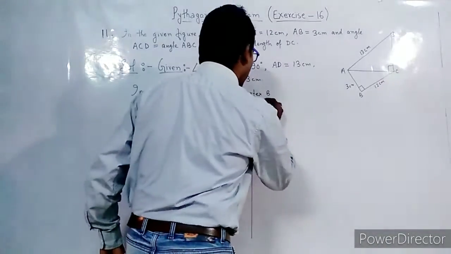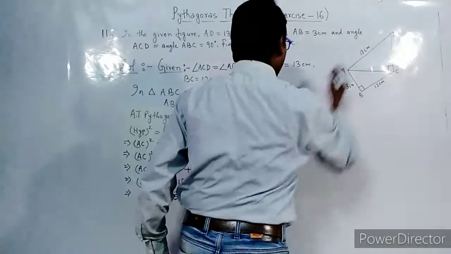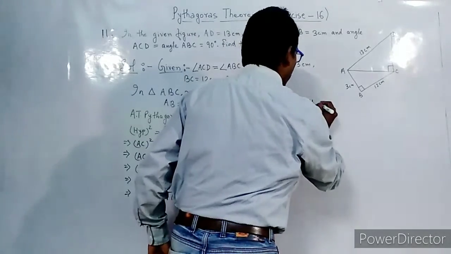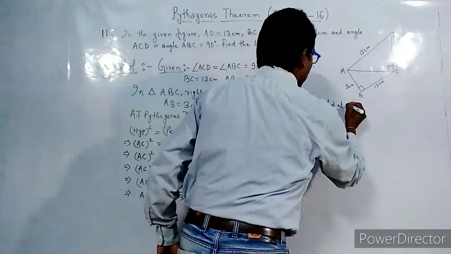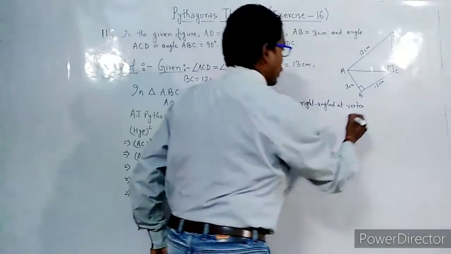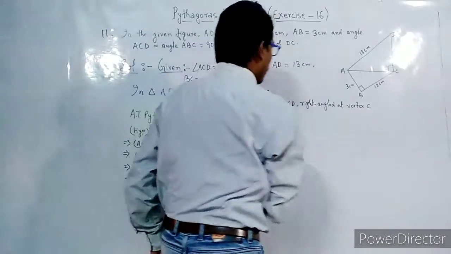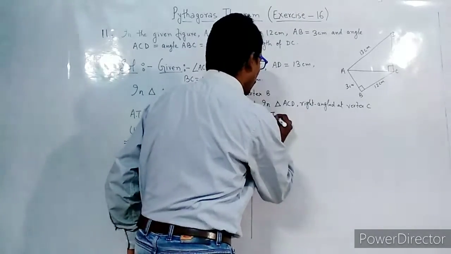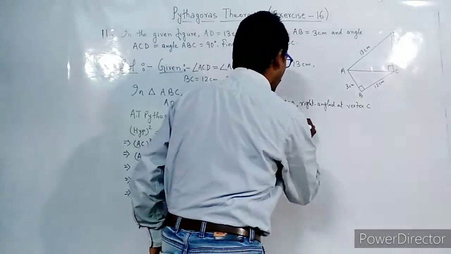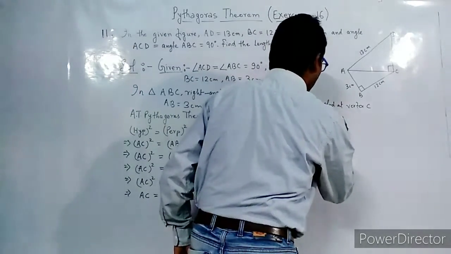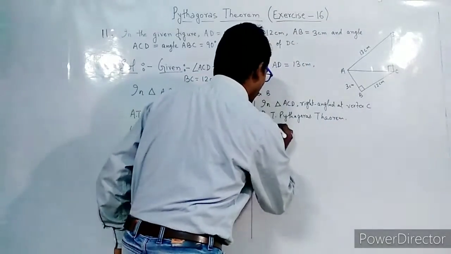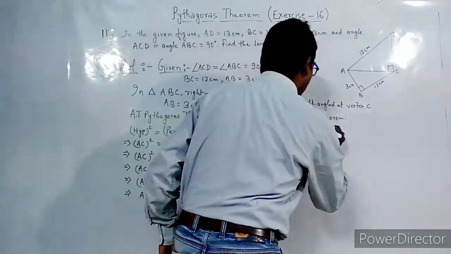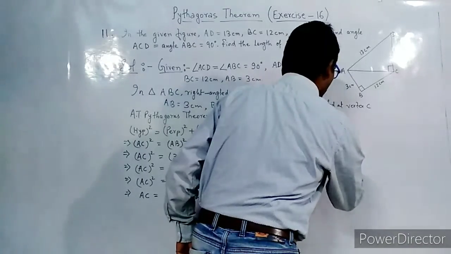Now in triangle ACD, right angle at vertex C, according to Pythagoras theorem, hypotenuse square equal to perpendicular square plus base square.